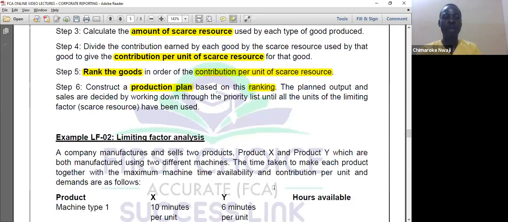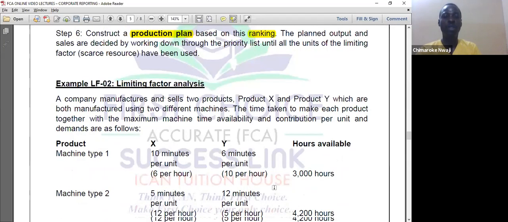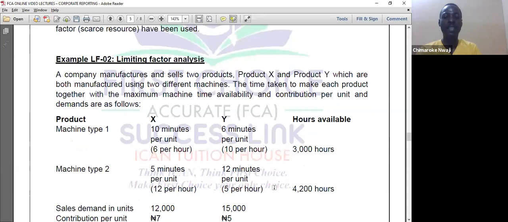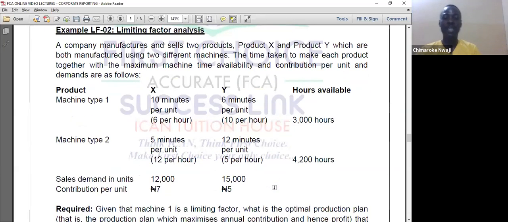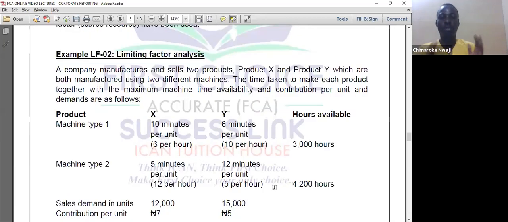Now, example LF2, limiting factor analysis, gives us exactly what we are asked to do here. Look at this question. That's the same kind of question we saw in LF1.